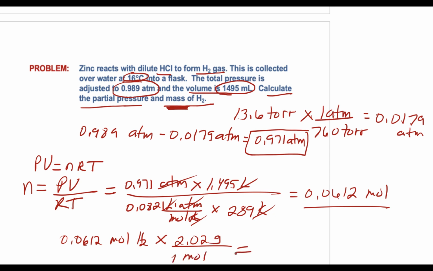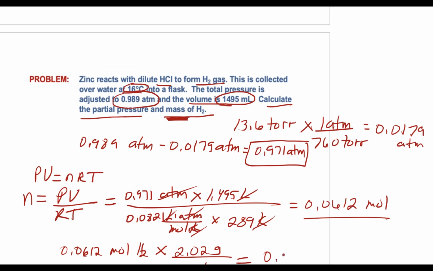So that's 0.0612 times 2.02. And I get 0.124 grams of hydrogen would be needed.